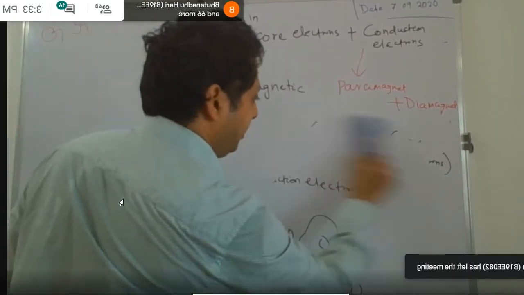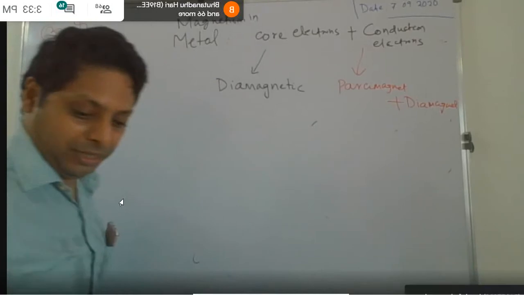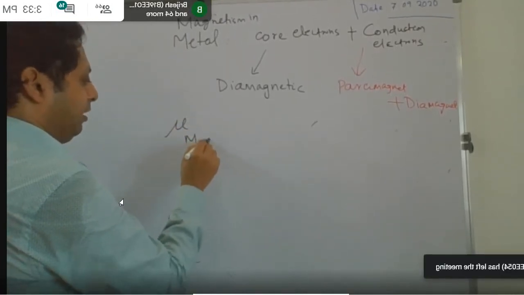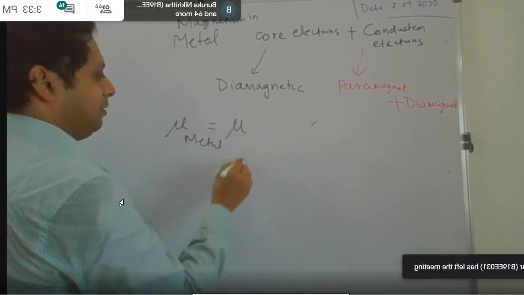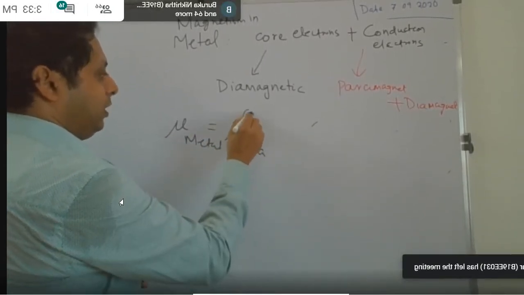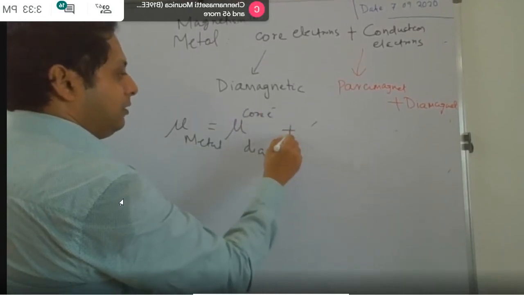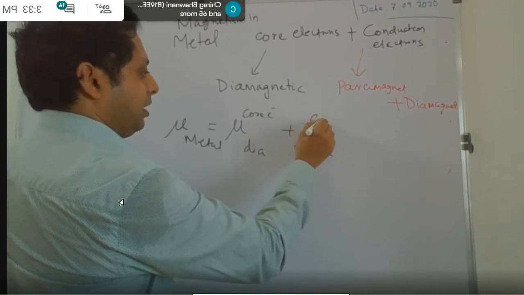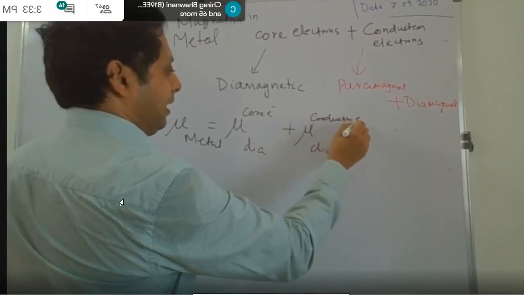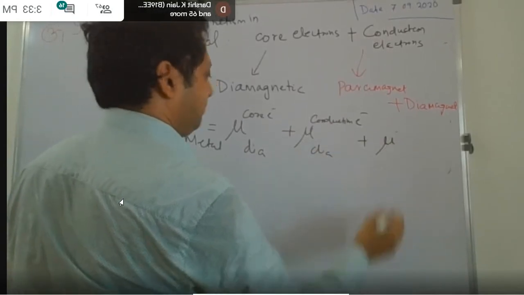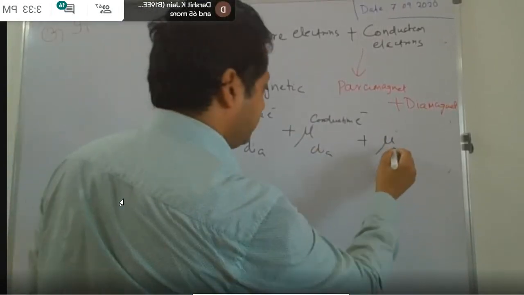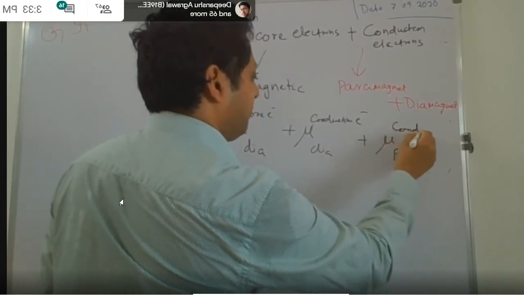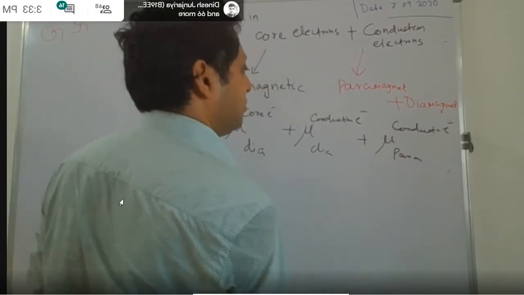So we can simplify it by writing that the magnetic moment of a metal will have diamagnetism from core electrons, then diamagnetism from conduction electrons, and then paramagnetism from conduction electrons.